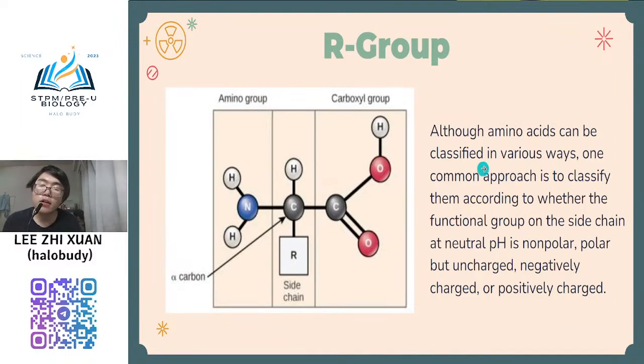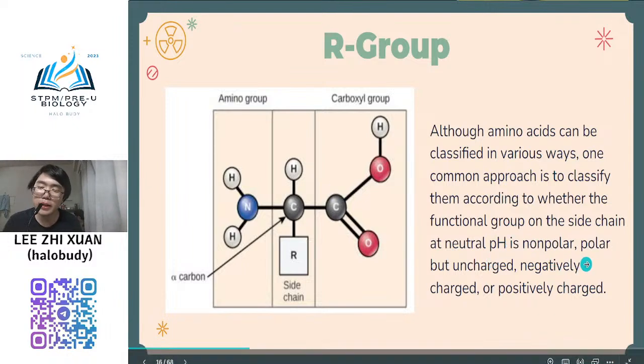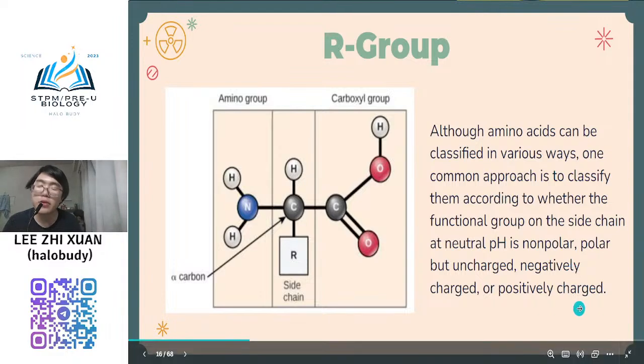Although amino acids can be classified in various ways, one common approach is to classify according to the functional group of the side chain at neutral pH, meaning at pH equal to 7. Either your amino acid is non-polar, polar but uncharged, meaning neutral, or negatively charged or positively charged.